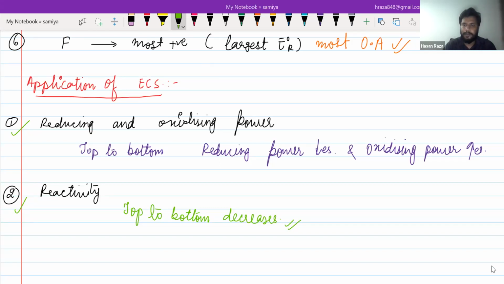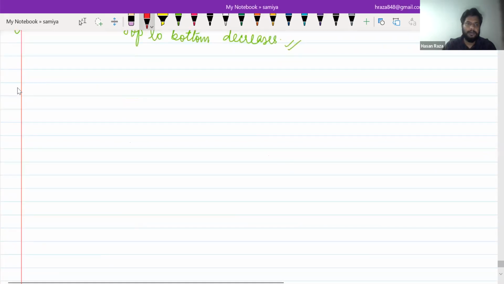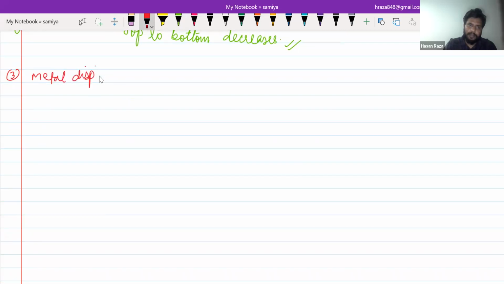Now see, the third application is about metal displacement. The displacement reaction we have learned in lower classes like 9th and 10th.